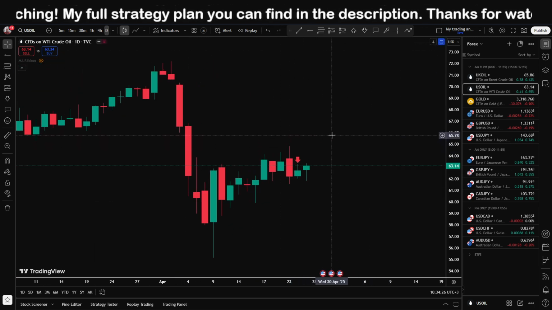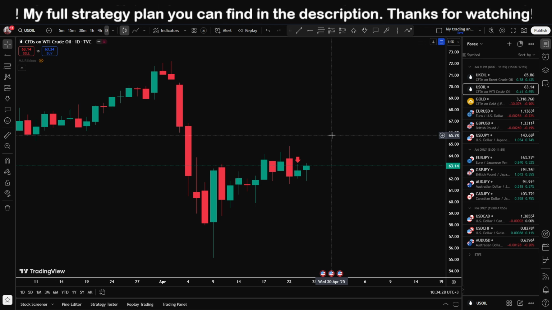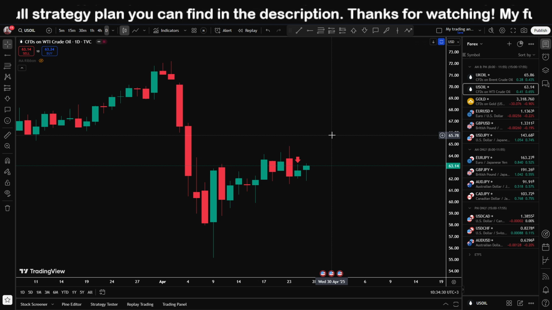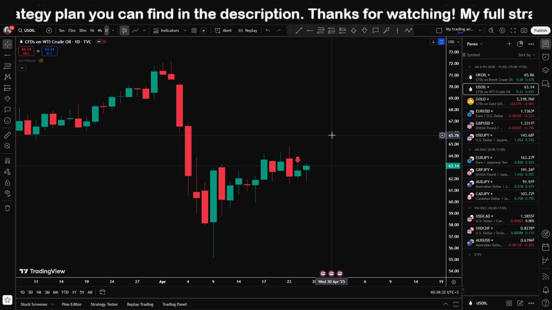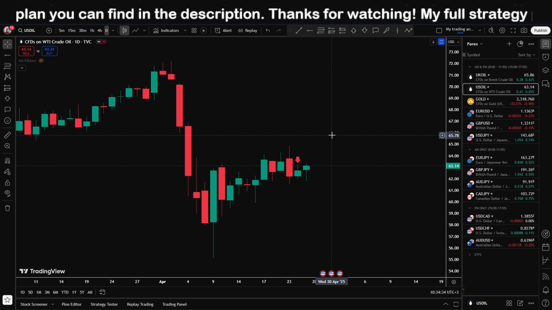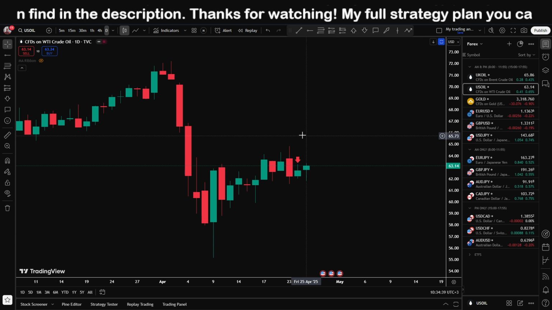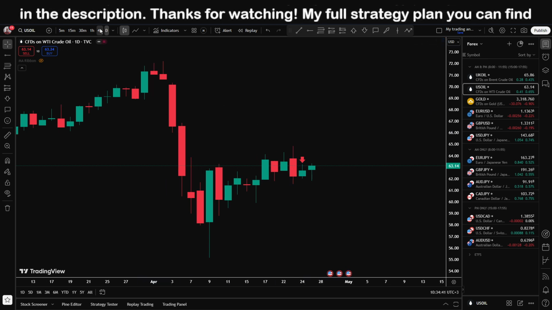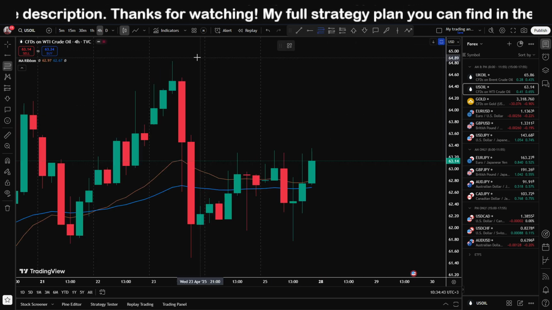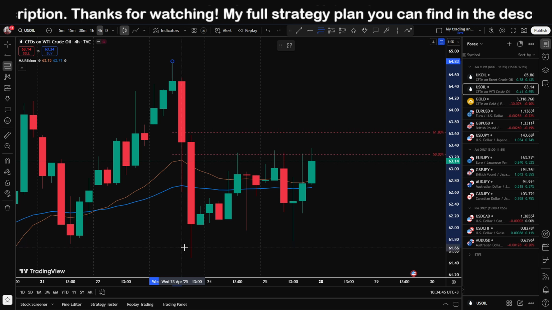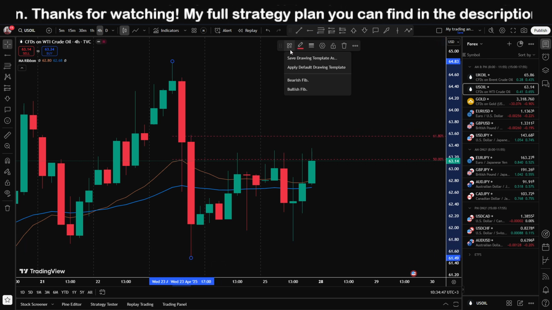Here for US oil, I use daily sell side and buy side liquidity and the Fibonacci retracement. In that case, the trade is based on the Fibonacci retracement from Wednesday. Daily Fibonacci from Wednesday. This is Wednesday.